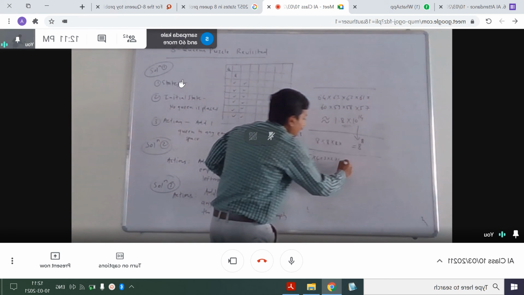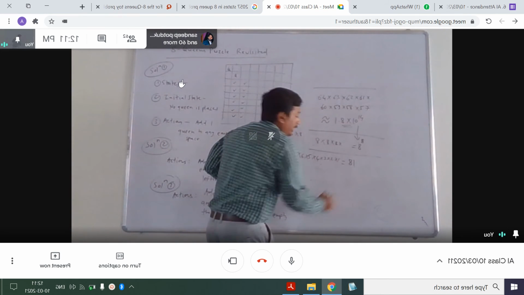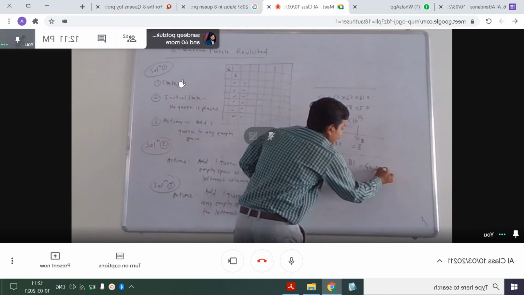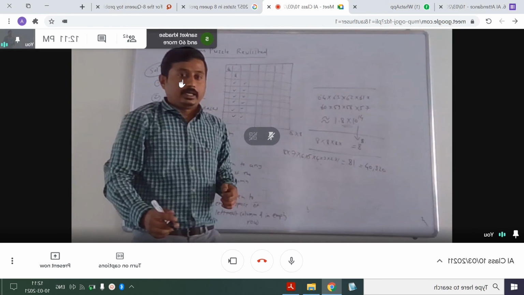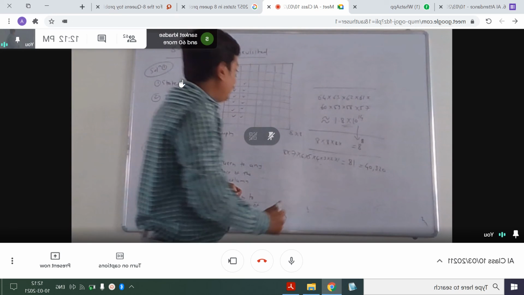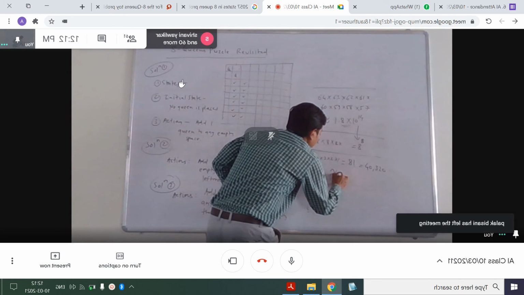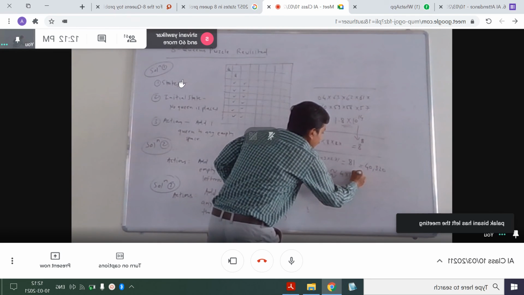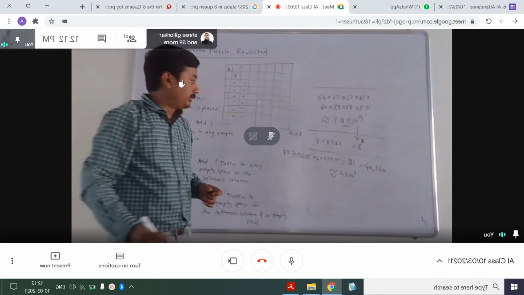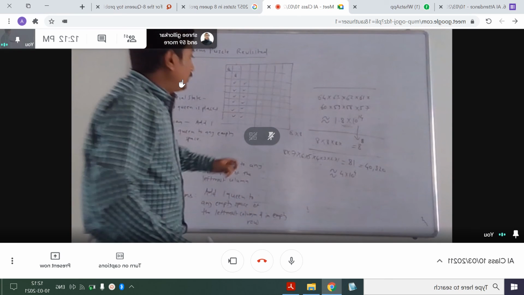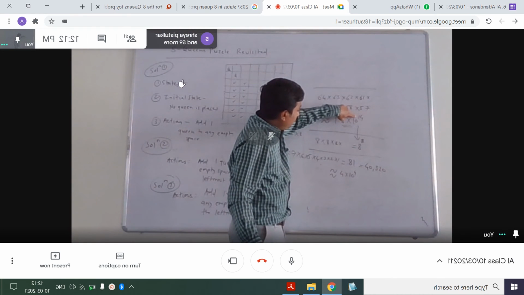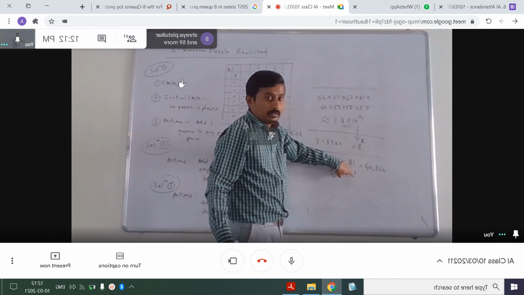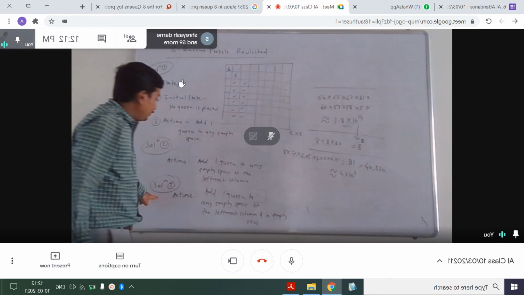And this is nothing but 8 factorial, and this number comes out to be 40,320, which is approximately 4 into 10 raised to power 4. So from 10 raised to power 14 we managed to bring down the number of states to 10 raised to power 4. So this is my solution number 3.